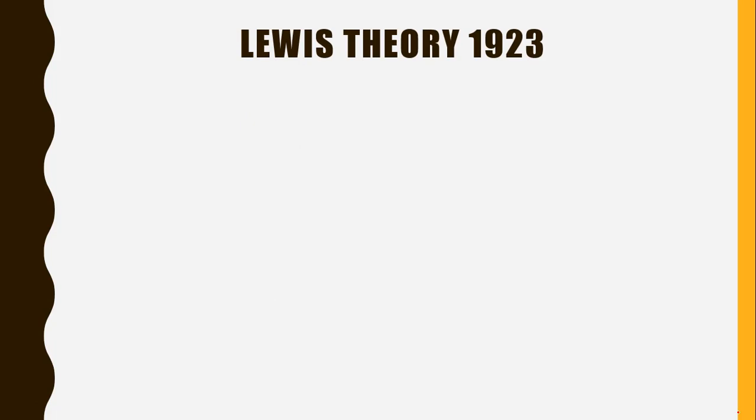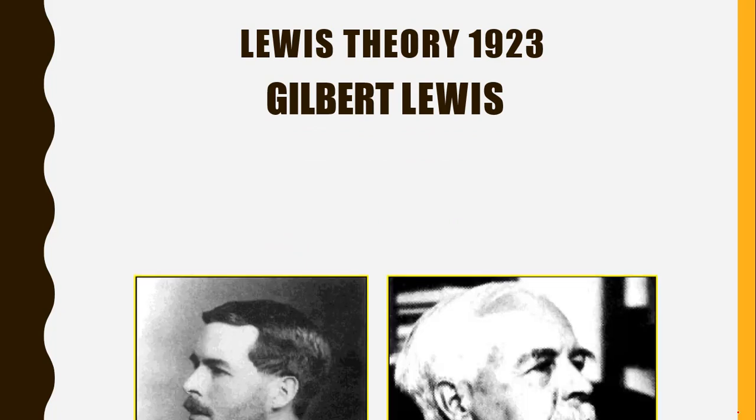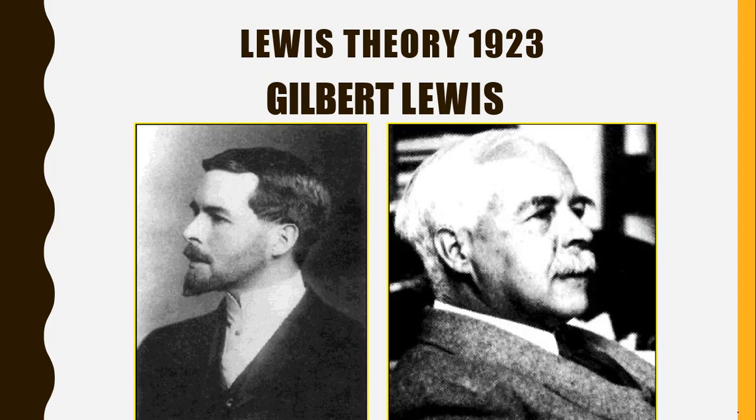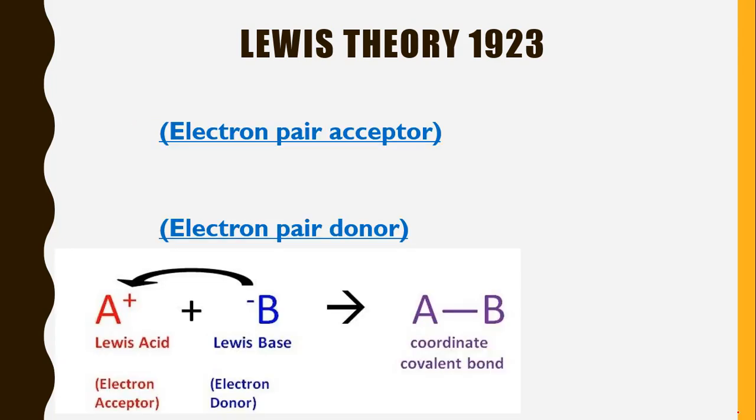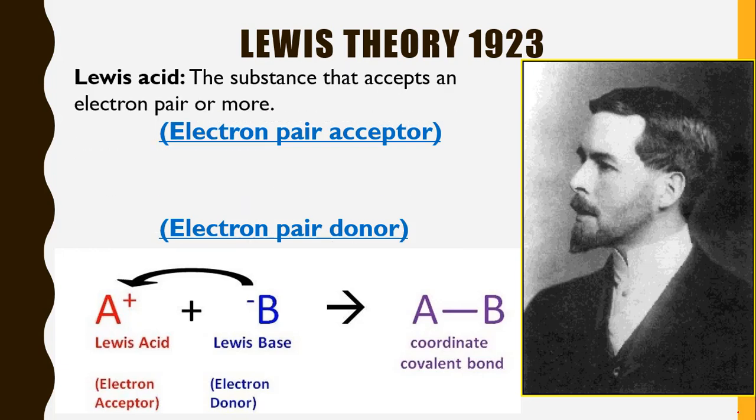Third theory is Lewis theory. Lewis theory defines an acid and base according to electron pair acceptor or electron pair donor. Okay?